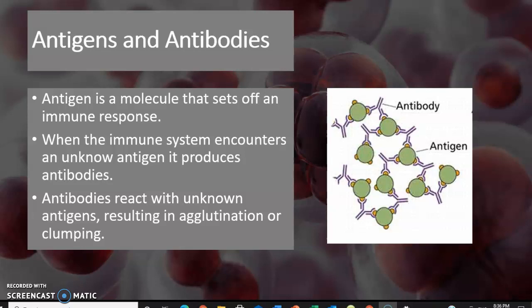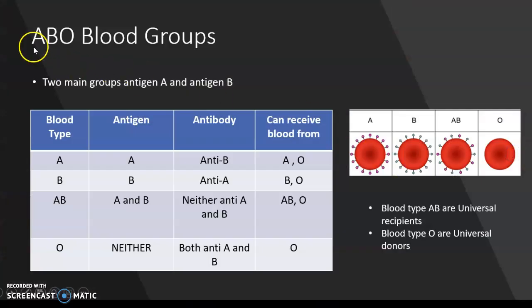Now that we've talked more about the antigens and how the antibodies work, let's take a look at the blood type groups. We have two main antigens, antigen A and antigen B, which make up four groups.